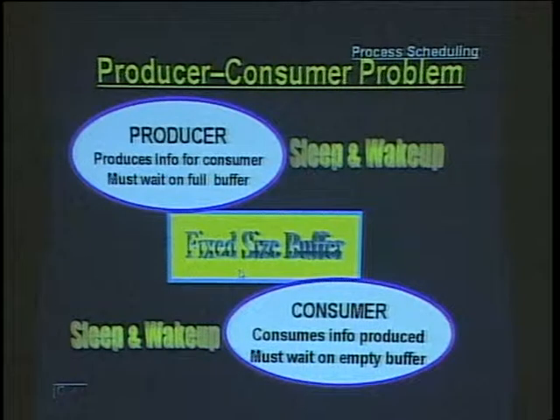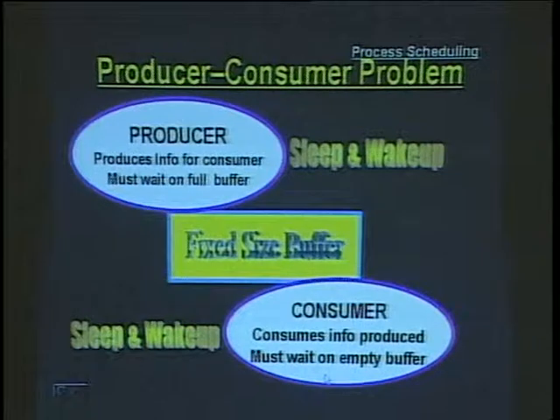That fixed size buffer generates a problem: when the buffer is full, the producer process will have to wait. Similarly, the fixed size buffer also creates a problem for the consumer: when the buffer is empty, the consumer will have to wait. How do we synchronize the producer and consumer processes?